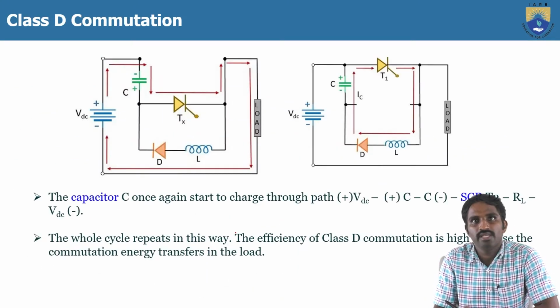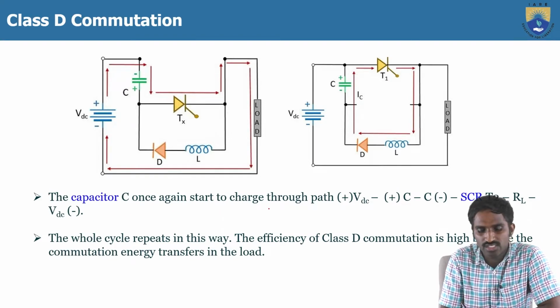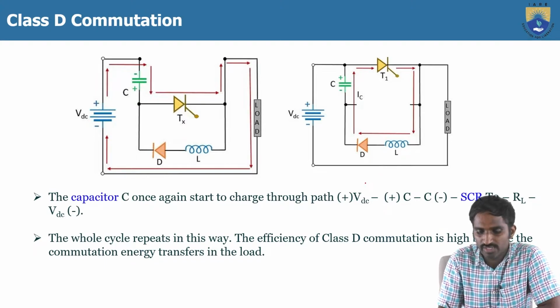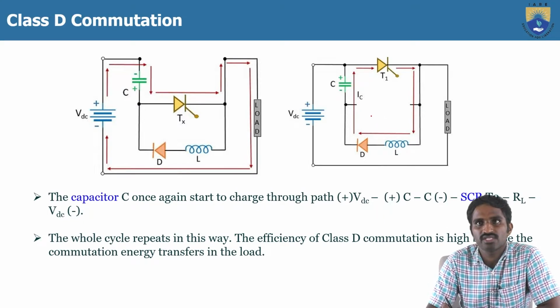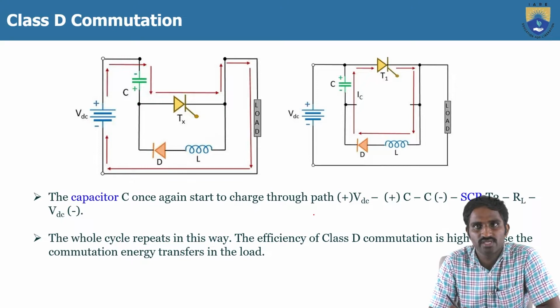Then the capacitor C once again starts to charge, with the upper plate positive and the lower plate negative, so that the reverse biased voltage is applied across thyristor T2, and thyristor T2 will also turn off. In this way the whole process is repeating.